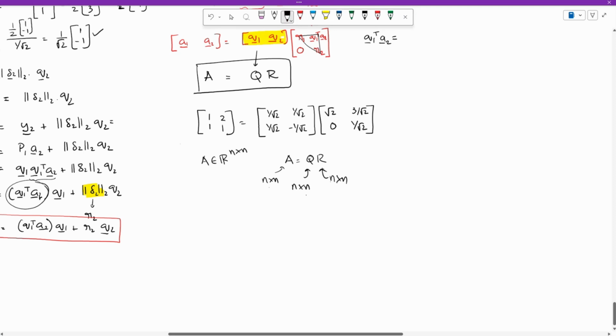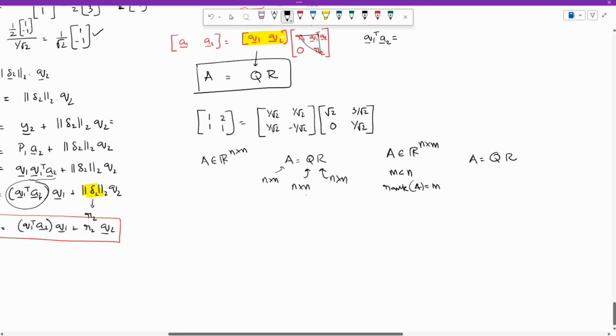But what if I have a situation where A is n cross m, with m less than n, and the rank of A equals m? Then the question is, can we do QR decomposition? Well, it's full column rank, so we should be able to.